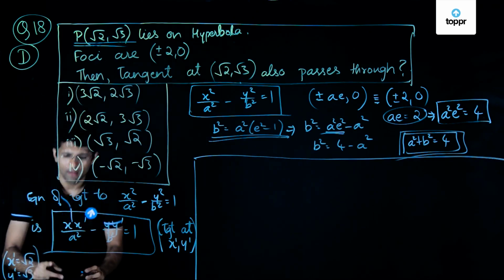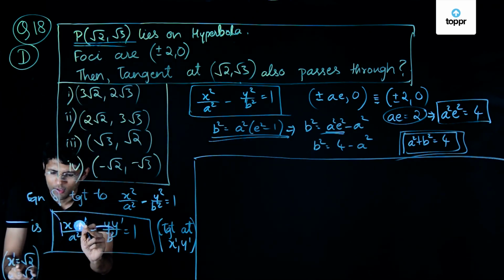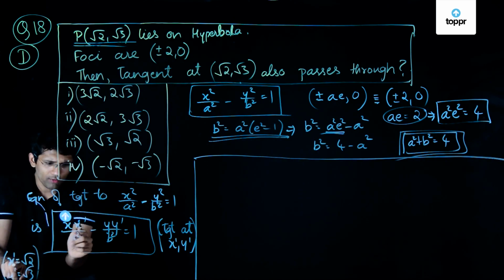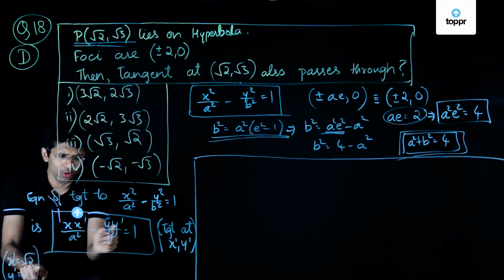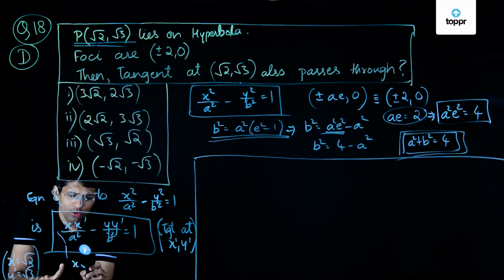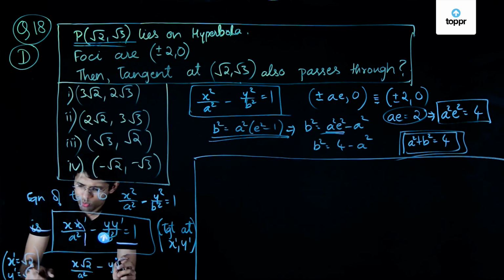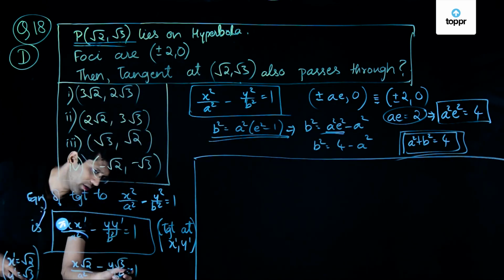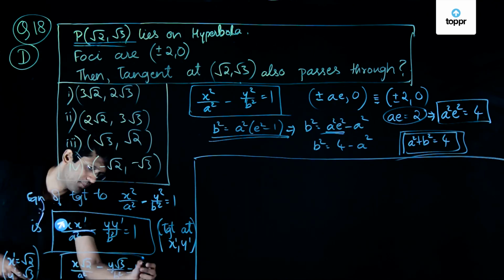So putting x dash is equal to root 2 and y dash is equal to root 3, from this given equation we now get x into root 2 upon a square minus y into root 3 upon b square is equal to 1. So this is an important equation of the tangent that we've obtained.